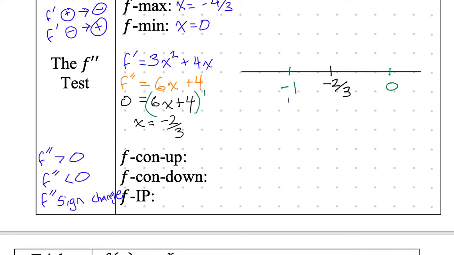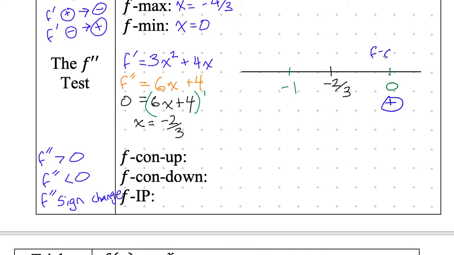You can plug them in if you don't like Mr. Sindel's method of checking odd powers. Let's plug in 0. Let's give that to Stego. Stego, plug in 0. 6 times 0 plus 4, which is positive or negative? Positive. Therefore, you can conclude this is f. You have one of these two to choose from.